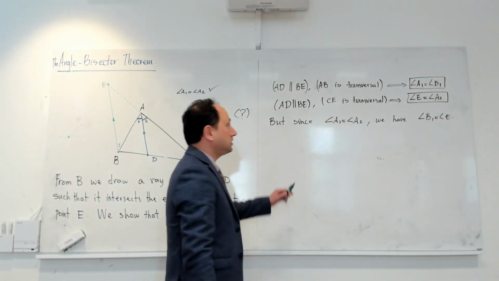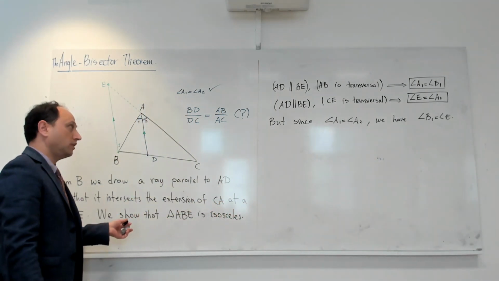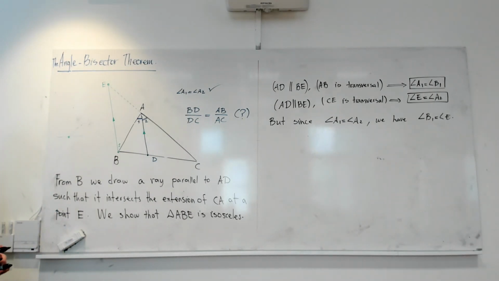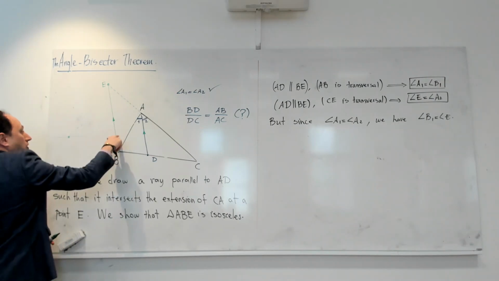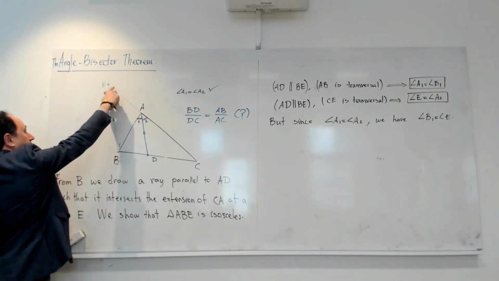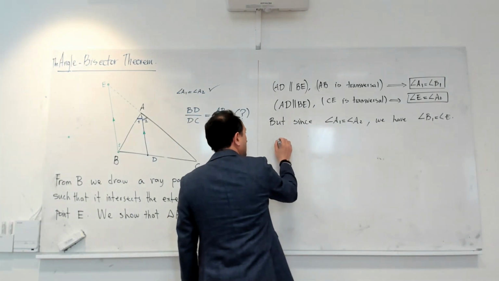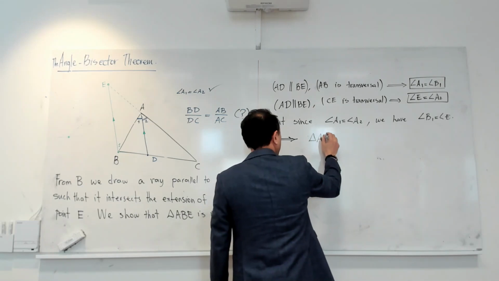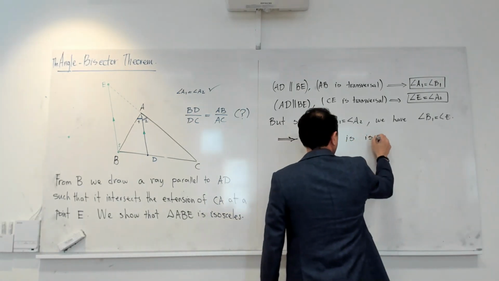Because E is equal to A2, B1 is equal to A1, but A1 and A2 are equal, so they have to be equal themselves. And this means that these two angles are the same, so this triangle is an isosceles triangle, yes? This means that the triangle ABE is isosceles, yes?